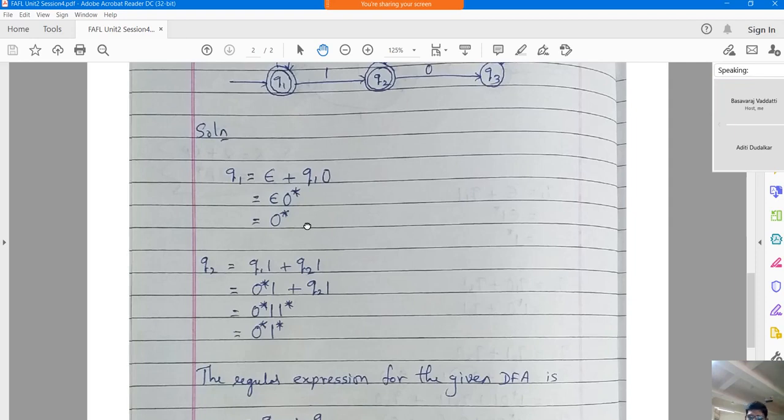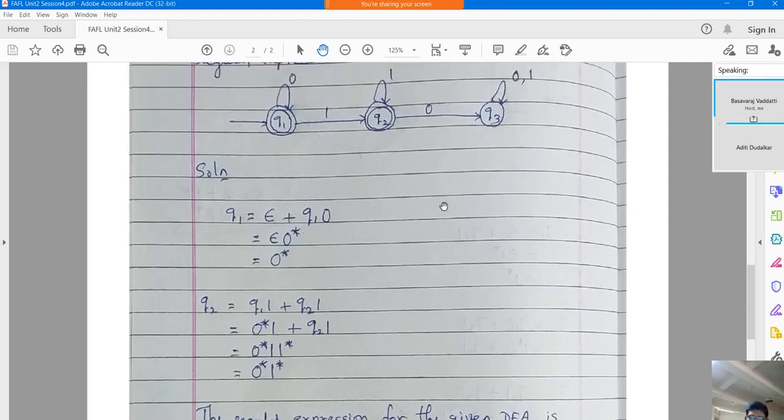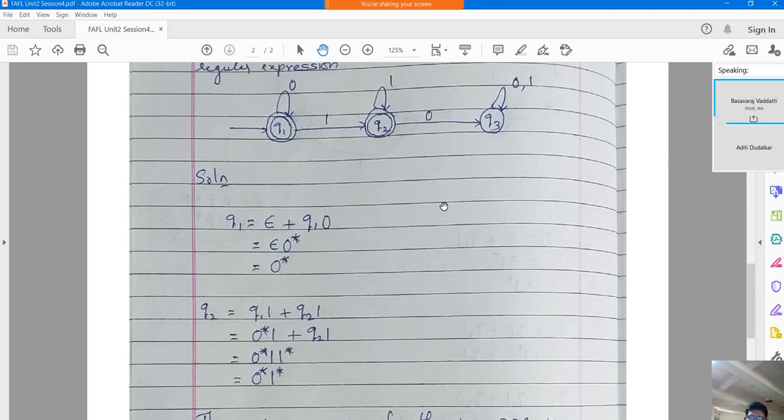Let us come to the next one, Q2. What are the incoming arrows to Q2? There are two incoming arrows to Q2. One is from Q1 on 1. Another one is Q2 on 1. Therefore, the equation for Q2 is Q1 1 plus Q2 1.